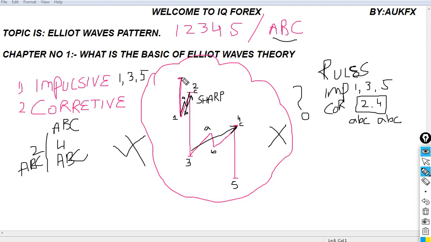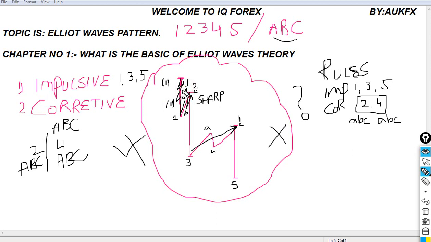So if this is 1, 2, 3, 4, 5, then definitely in this candle you also see a part of 1, 2, 3, 4 and 5. You name them in Roman numerals: 1 like this, then 2, like this 3, like this 4.